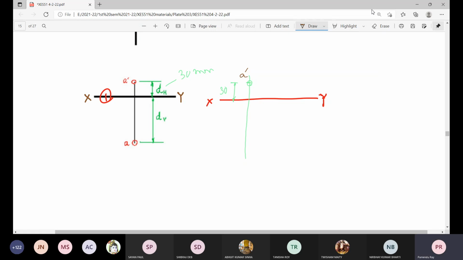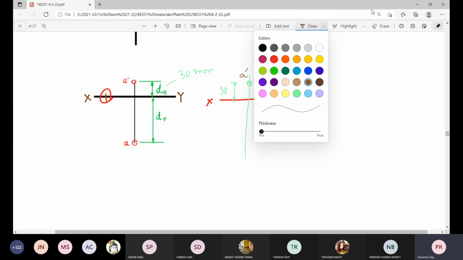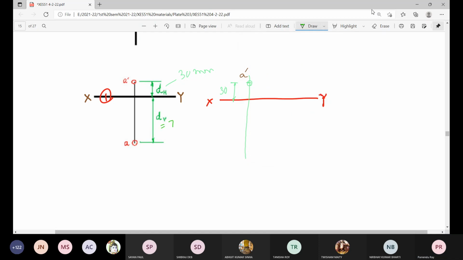Then the distance from the vertical plane may be given as, maybe, 70 millimeter. It may be described that point capital A is 70 millimeter in front of VP, or that the distance from the vertical plane is 70 millimeter. So you measure a distance of 70 millimeter on this projector.